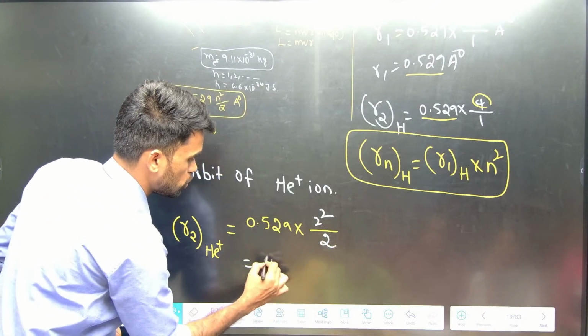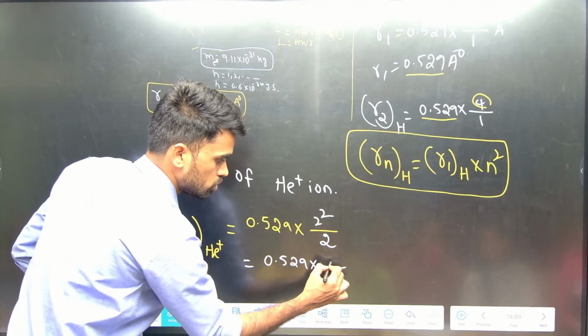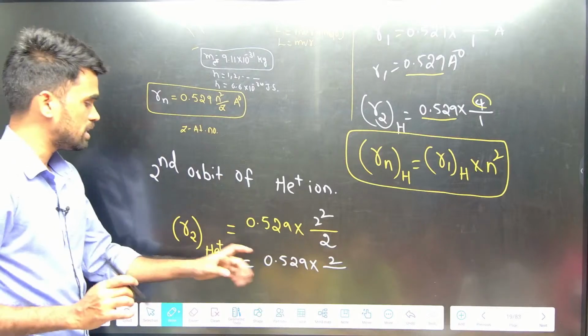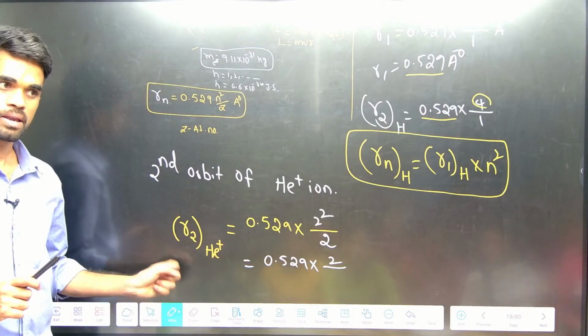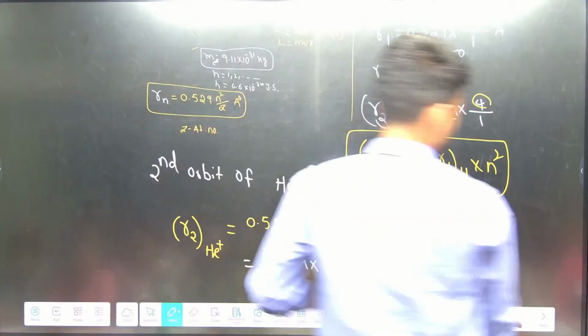So it will be 0.529 into 4 by 2, that will be 2 times 0.529. Like this you can calculate the radius. Is this clear, everyone? Next one.